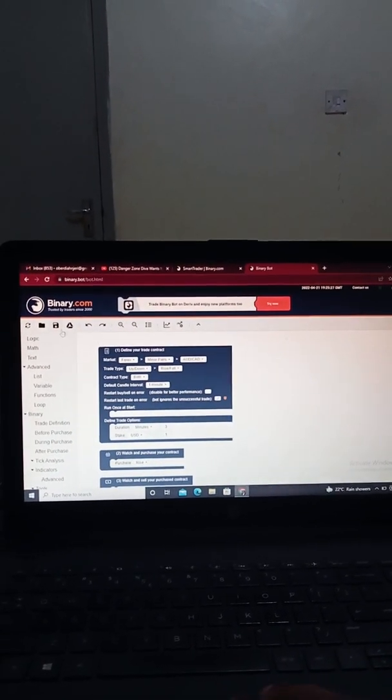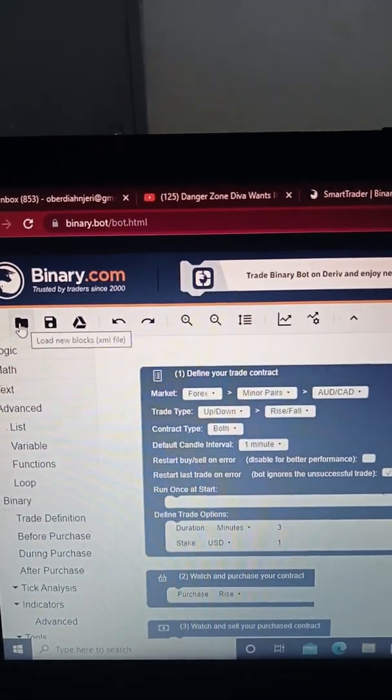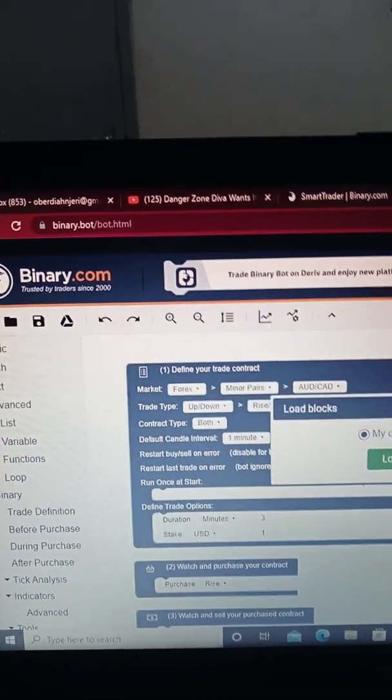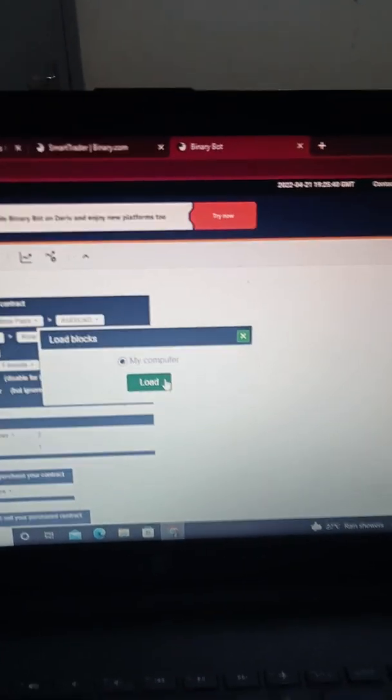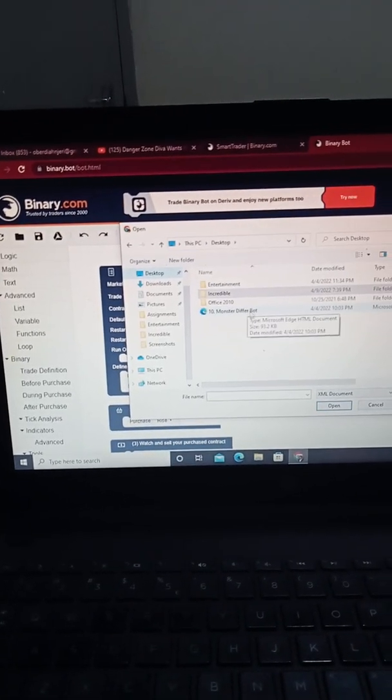To load my bot, I have saved it on my desktop, so I will need to go to the file area. Load new bot, this one right there. Load new blocks, click there. Then load on my computer. I have saved mine on the desktop part.